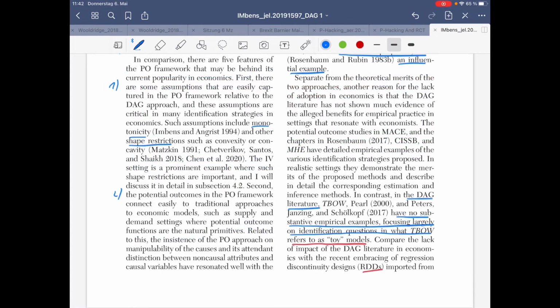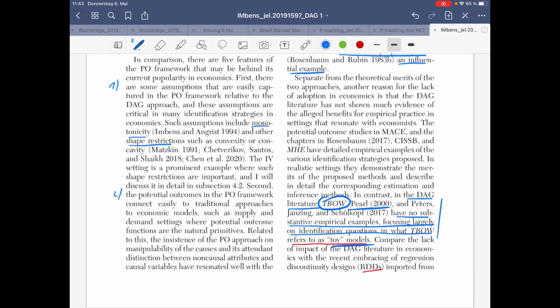You might ask, how could economists ignore such an important contribution to the literature for such a long time? Well, the reality is that you hardly find any papers on that, right? And the reason is that the DAG literature, so the Book of Why, DBOW, by Pearl, mainly refers to artificial examples, to toy models, to make the point.